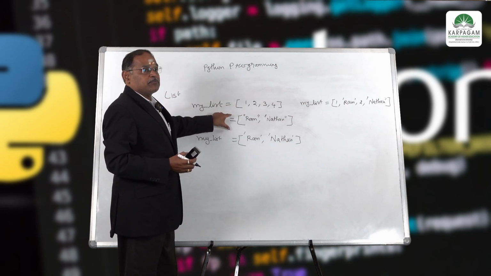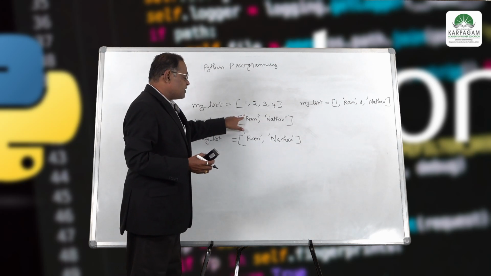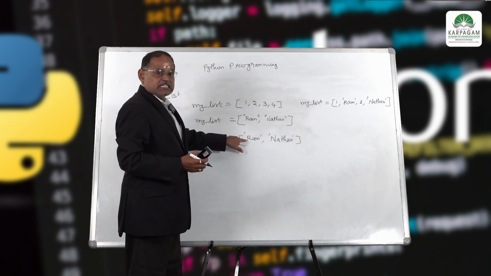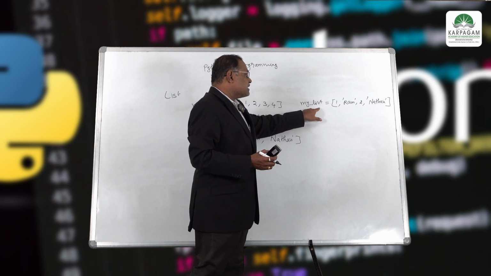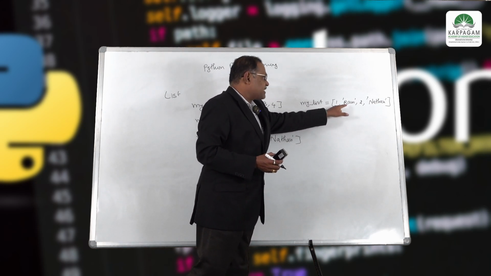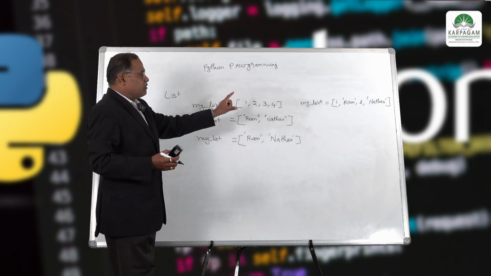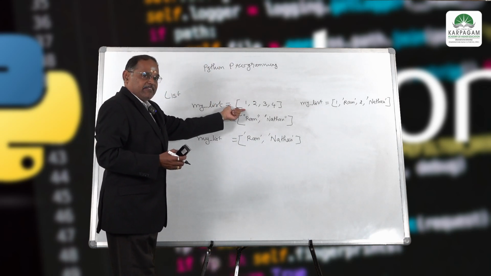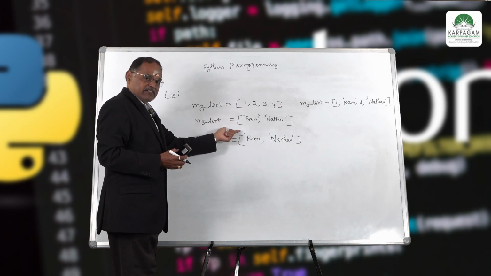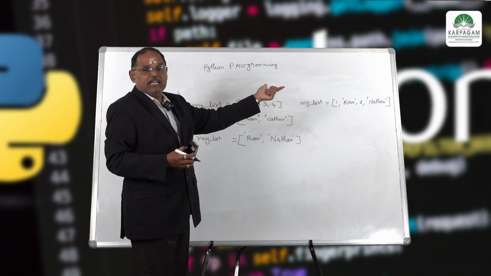The second two examples are for string values, that is, we can use double quotes and also single quotes. The third example is the combination of numerics and string values. So we can have any type of list. We may have numbers separately, or strings separately, or a combination of a number and a name.